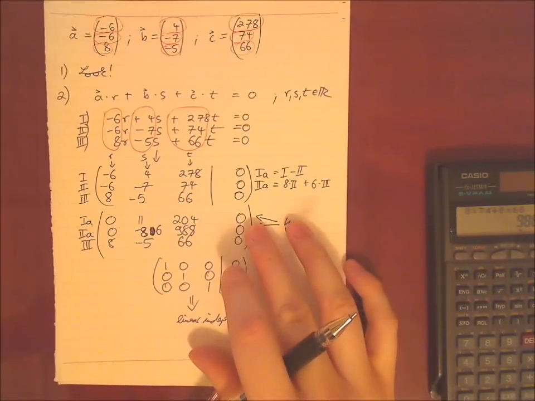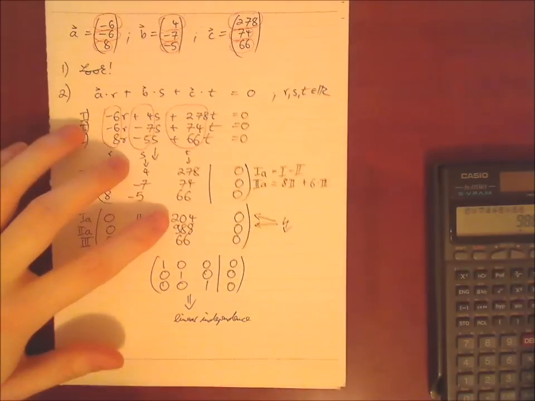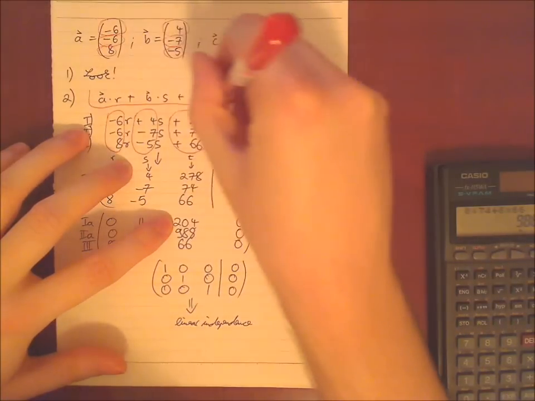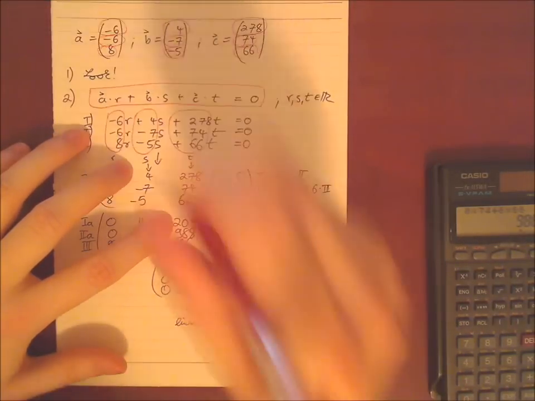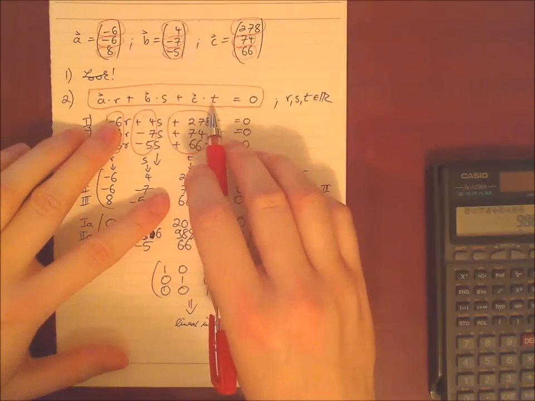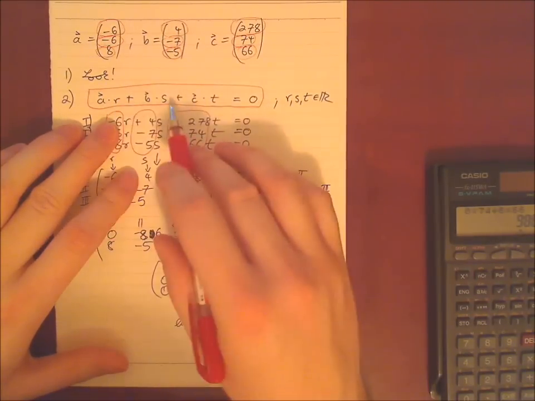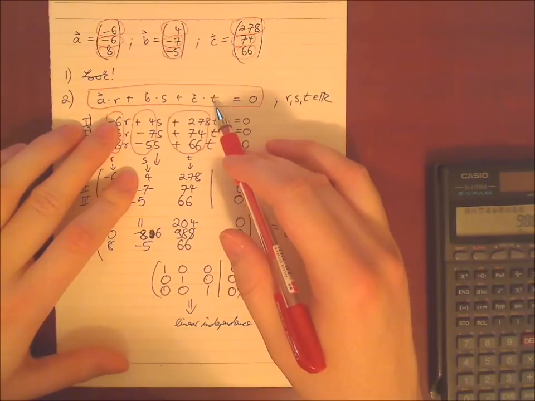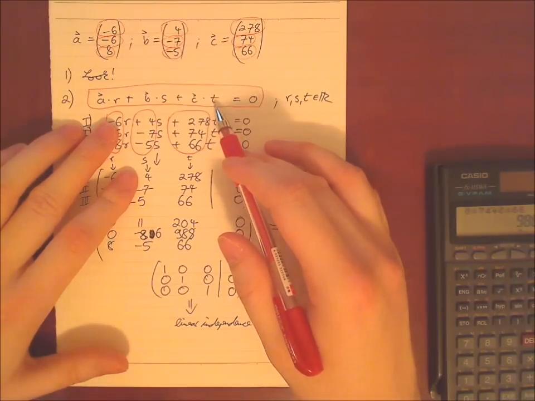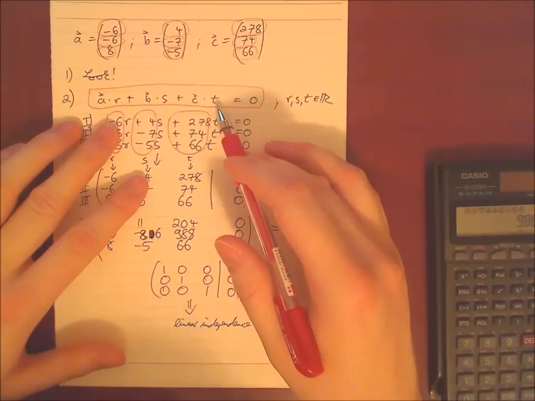Just keep in mind, maybe this is important, the definition of linear dependence. If this only has the trivial solution, as I said earlier, which is R, S, and T are 0, then you have linear independence. If there's another solution, then you have linear dependence.